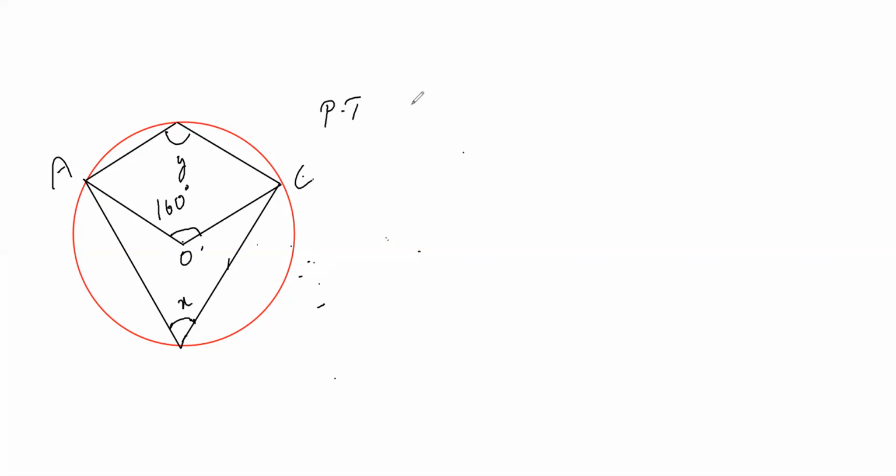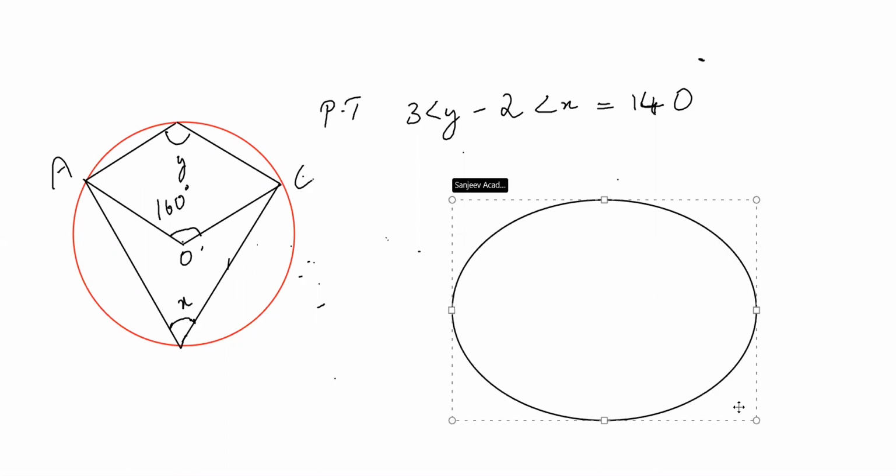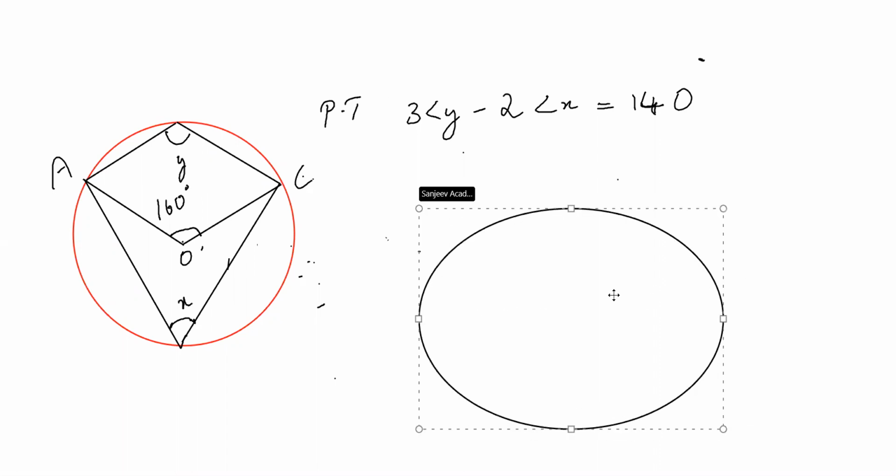Prove that 3y minus 2x is equal to 140 degrees. In this question, one more simple thing which I would like to show you is the center.